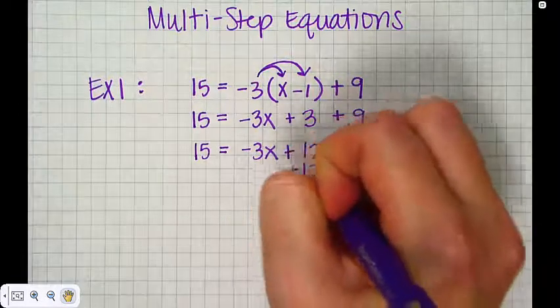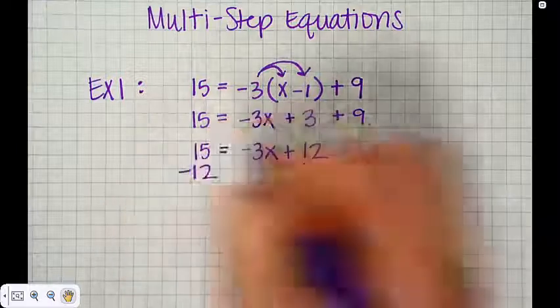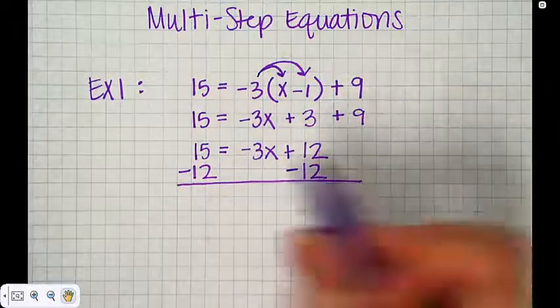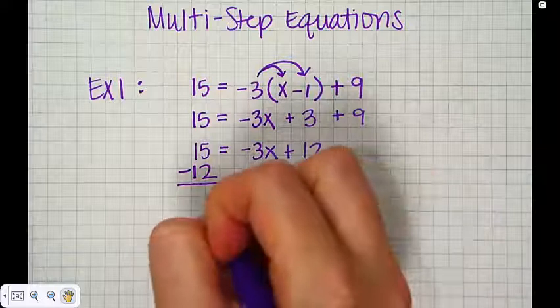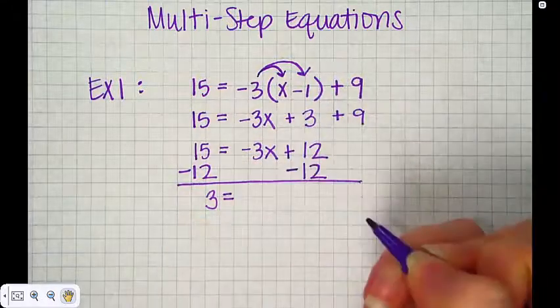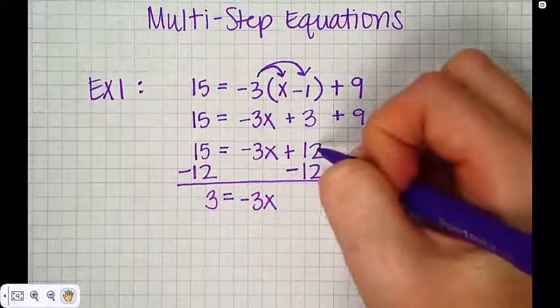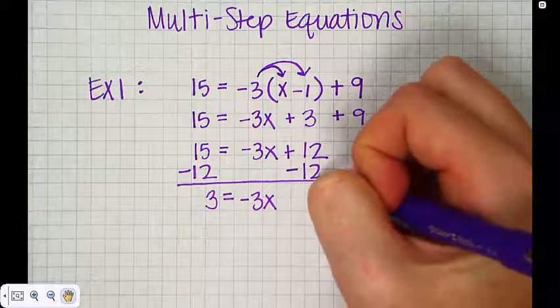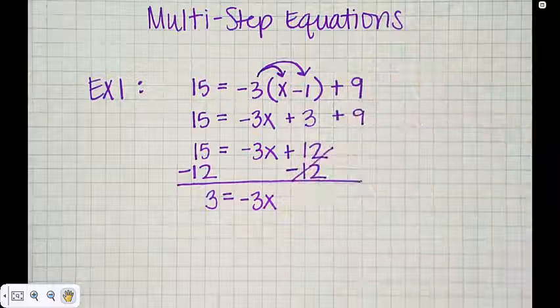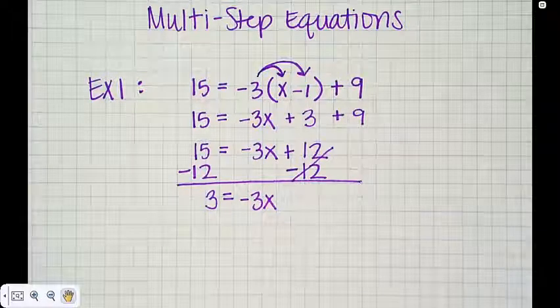So I'm going to put minus 12 there and minus 12 there. 15 minus 12 gives me 3. I'm going to bring down my equal sign and bring down the negative 3x, and then our positive 12, and then subtracting 12 is what cancels out our numbers there.